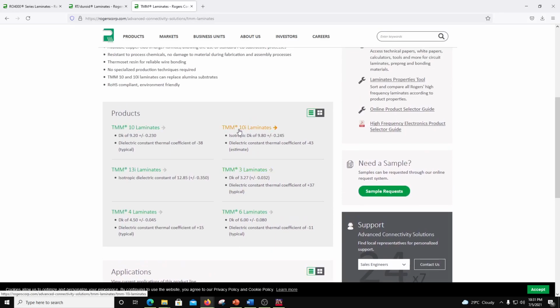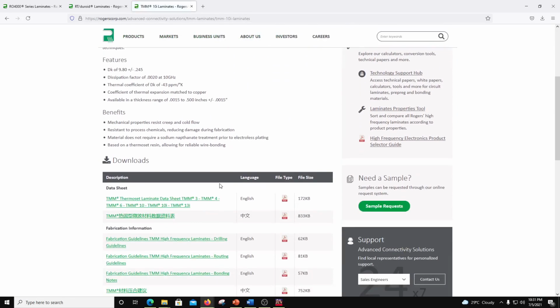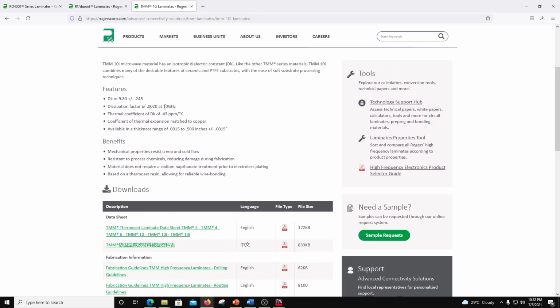Where is the loss tangent? Okay, so they are specifying loss tangent is this, isn't it? Yeah.